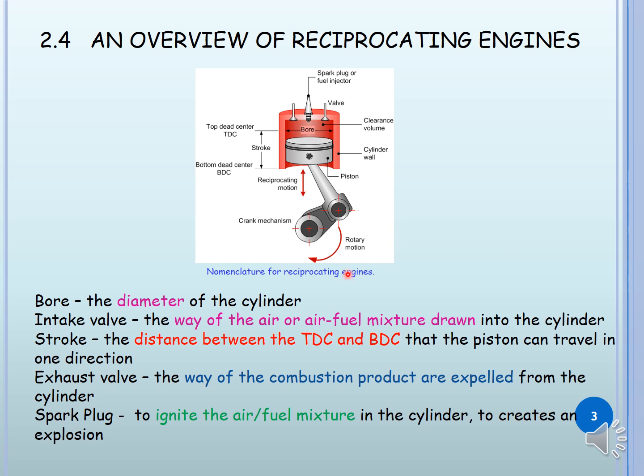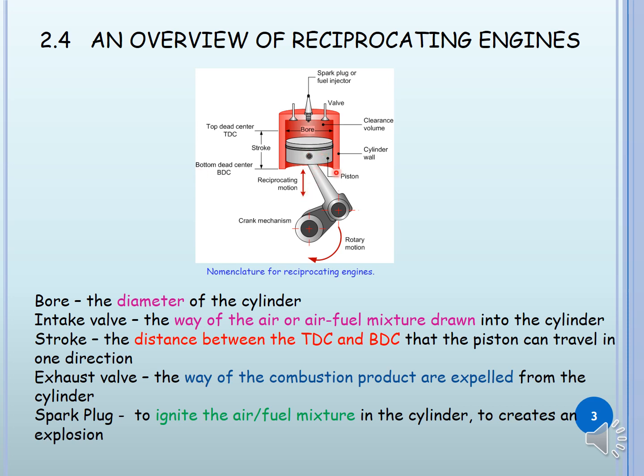Okay, this figure shows the nomenclature for reciprocating engines. So normally we have bore, clearance volume, top dead center (TDC), strokes, bottom dead center, the reciprocating motion up and down.